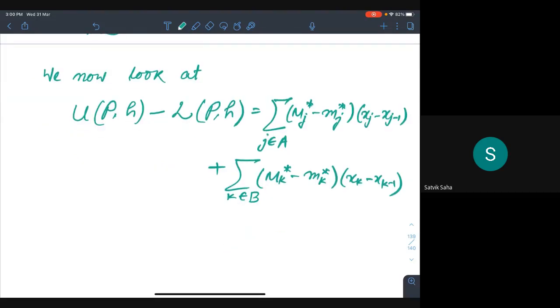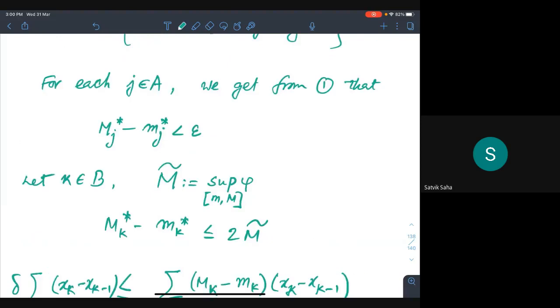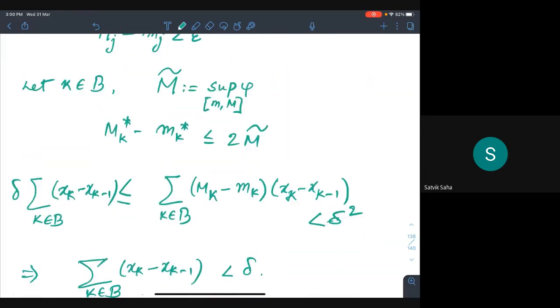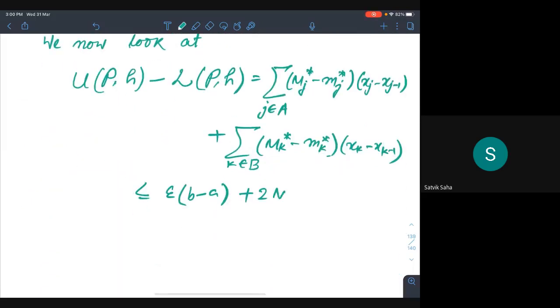Here what we get is that it's less than or equal to epsilon times (b minus a), and here this will be less than or equal to 2M tilde and this will be less than delta. So 2M tilde times delta, right?